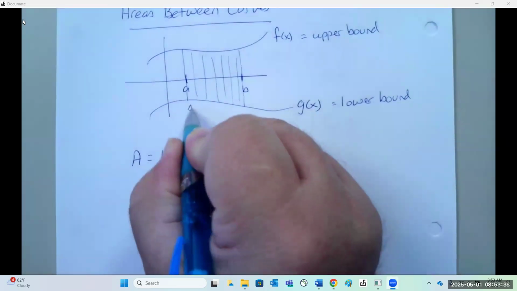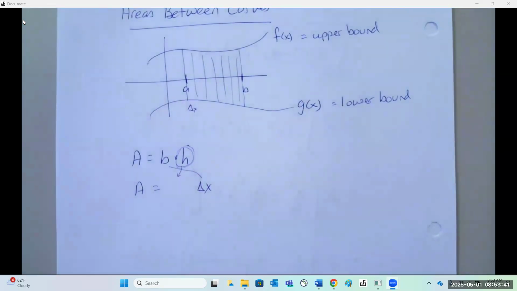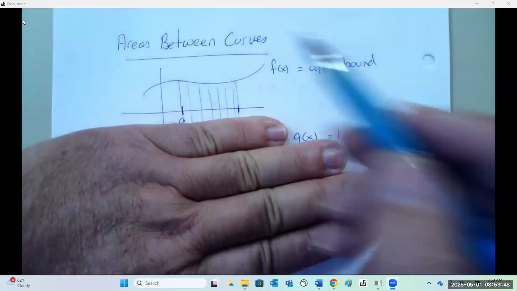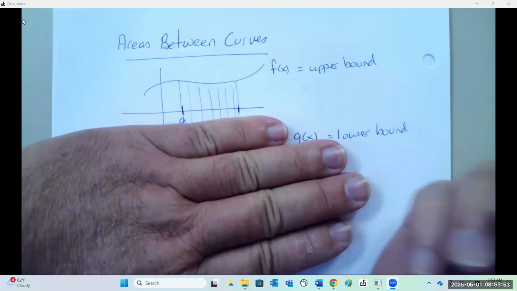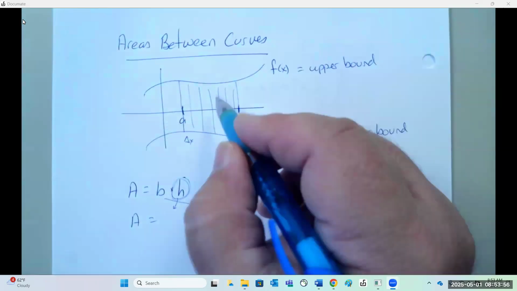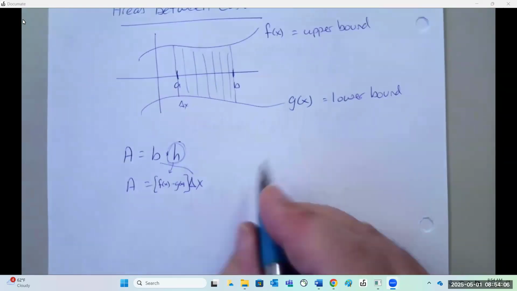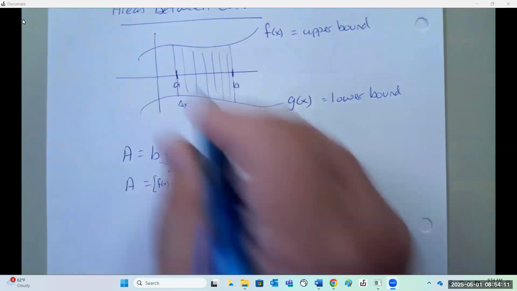The problem is, what is the formula for our height? Remember earlier, if we just had this, our height is our function minus the x-axis, which is 0. Now we have two of them, so our height is whatever's on top minus whatever's on the bottom. Our height is f of x minus g of x, the upper one minus the lower one.